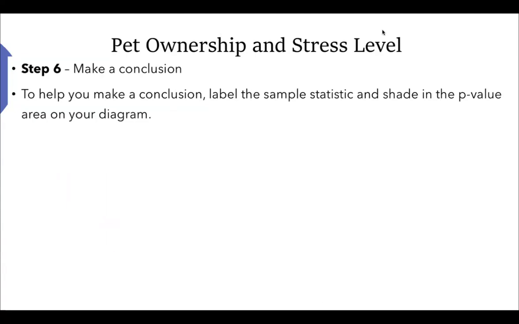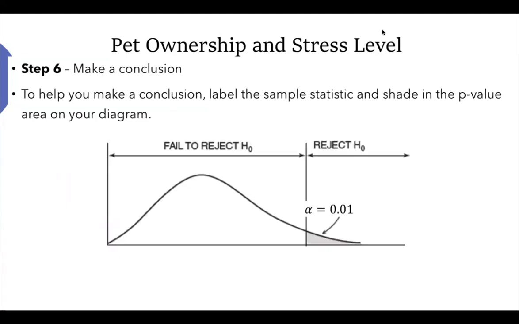Okay, make our conclusion. Going back to our diagram, we said that the uppermost 1% was the significant region. And when we compare our p-value, 0.0064, to 0.01, our p-value is smaller.